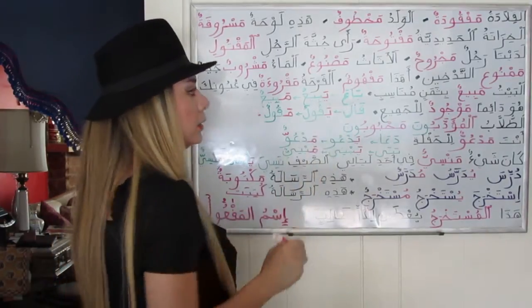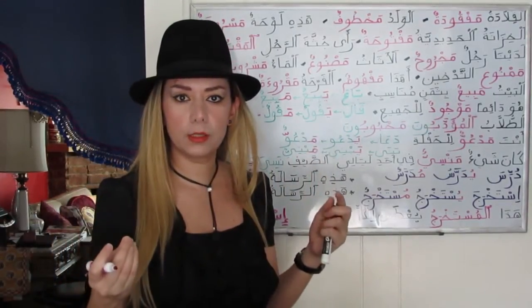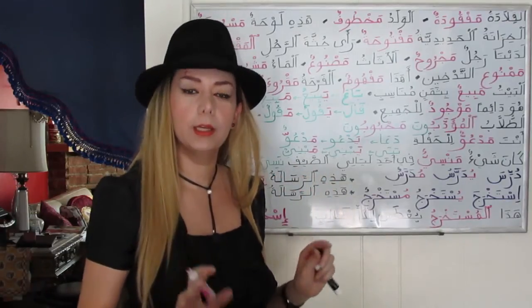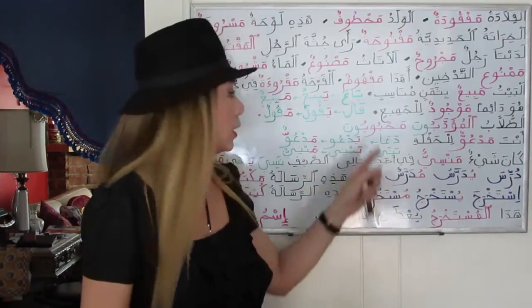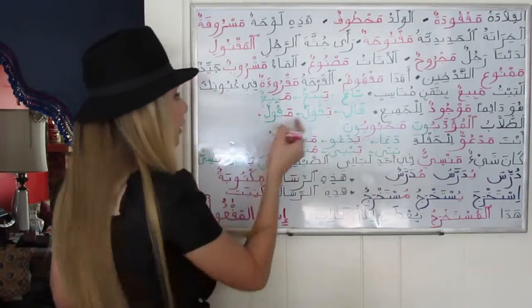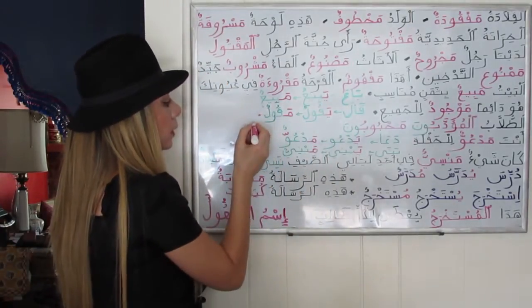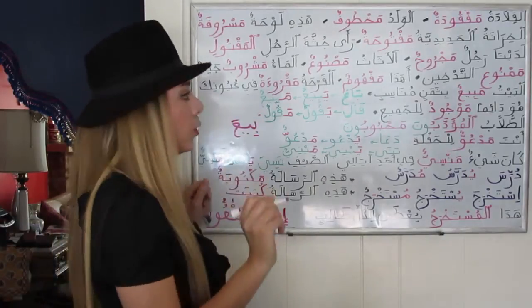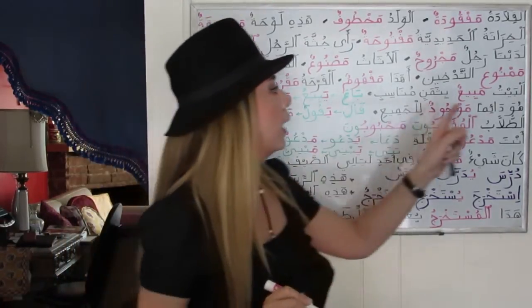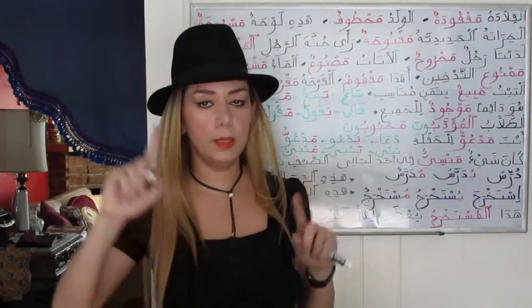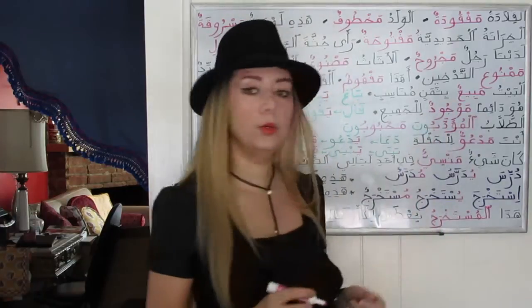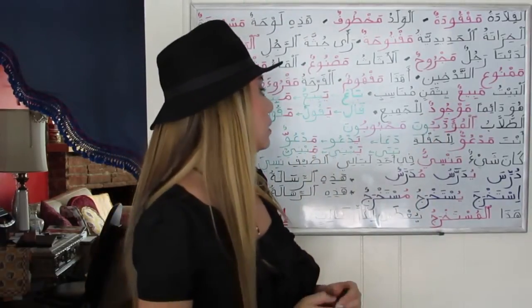So باع is the active voice. Alright, I know that we did not learn this yet, but don't worry. Just know that it exists. So باع, the active, هو. بيع is the passive form. So بيع البيت بثمن مناسب, or passive participle البيت مبيع بثمن مناسب.